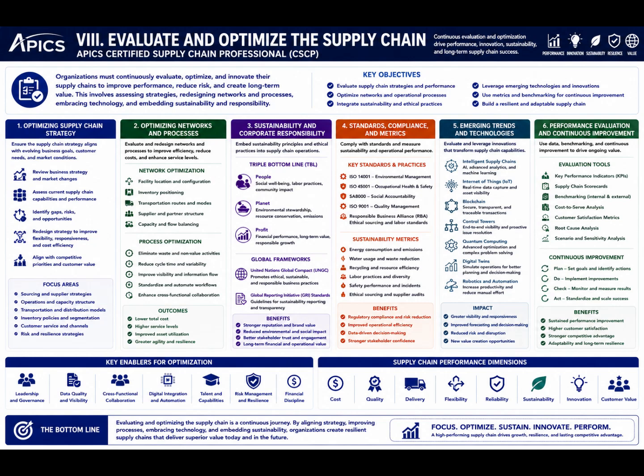One important concept introduced is the triple bottom line, TBL, which evaluates organizational success based on financial performance, environmental stewardship, and social responsibility. The curriculum also references internationally recognized initiatives, such as the United Nations Global Compact and the Global Reporting Initiative, GRI, standards, which provide guidance for ethical business conduct, sustainability reporting, and responsible supply chain practices.